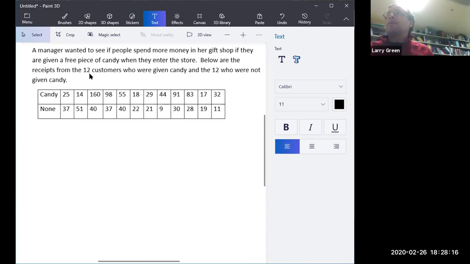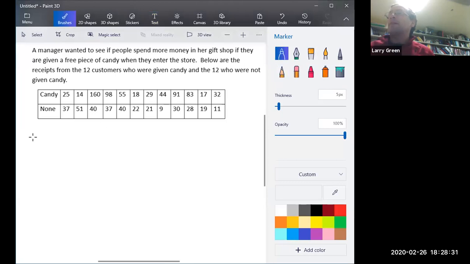Okay, so in this case, we have with candy as the first row, and no candy is going to be the second row. So we need to do H naught and H1 again. So let's write that out. We have H naught.